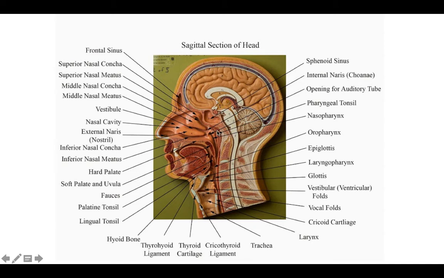So why do we have these? What's the function of these? It may help to remember that these meatus are lined with mucous membranes, and those mucous membranes are moist. Just like we talked about before, those mucous membranes are going to warm and humidify the air as it enters.